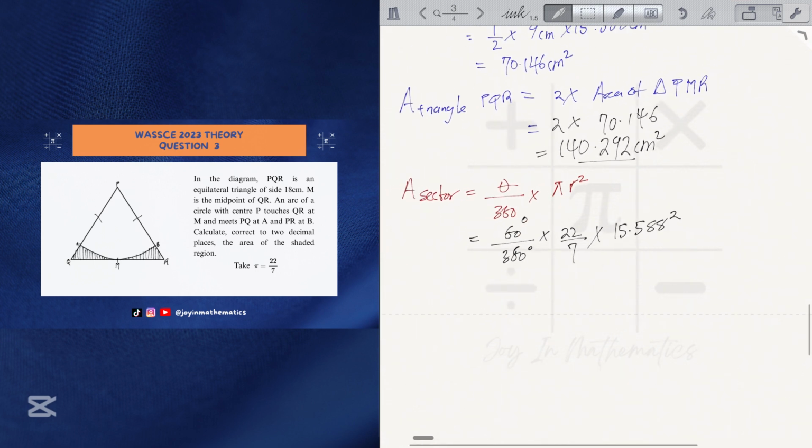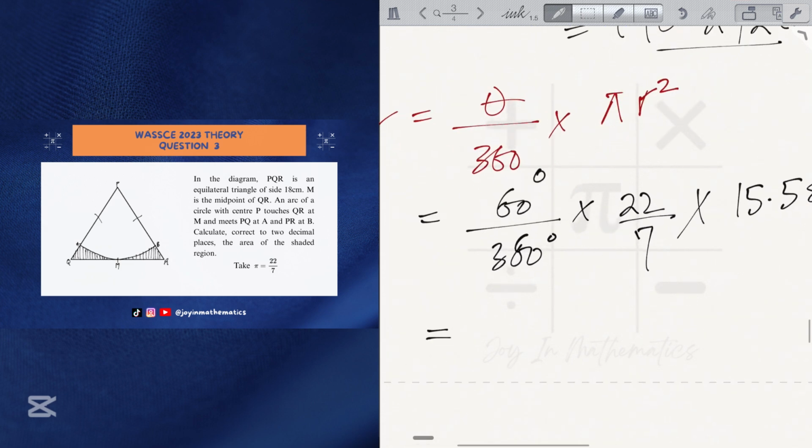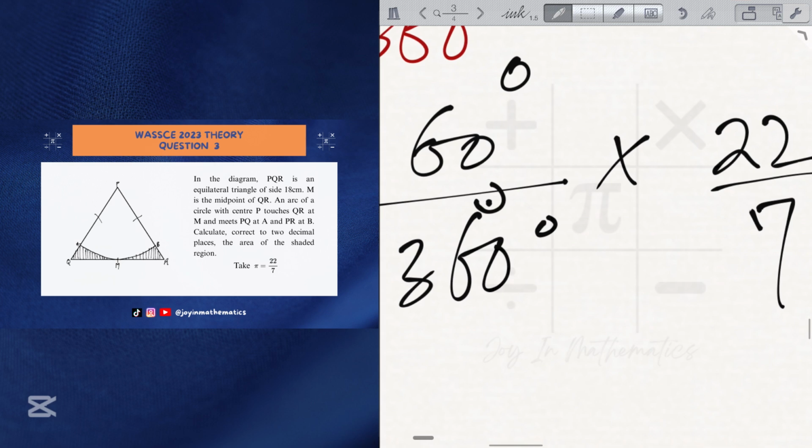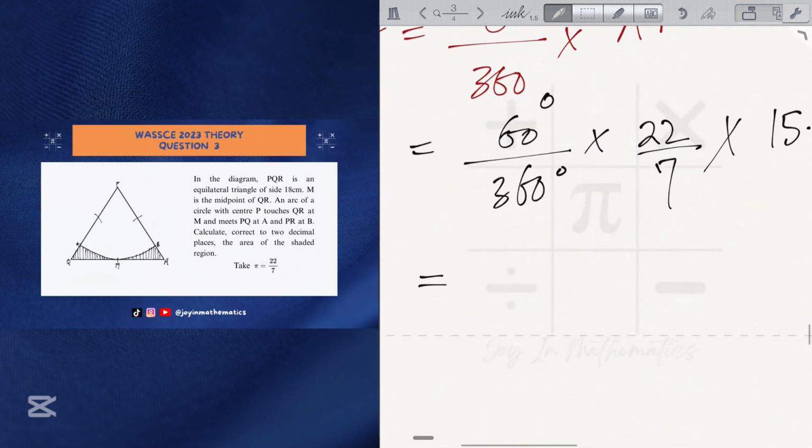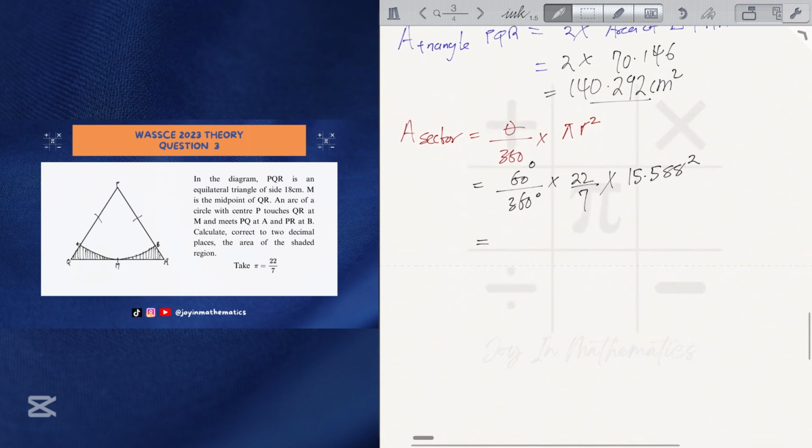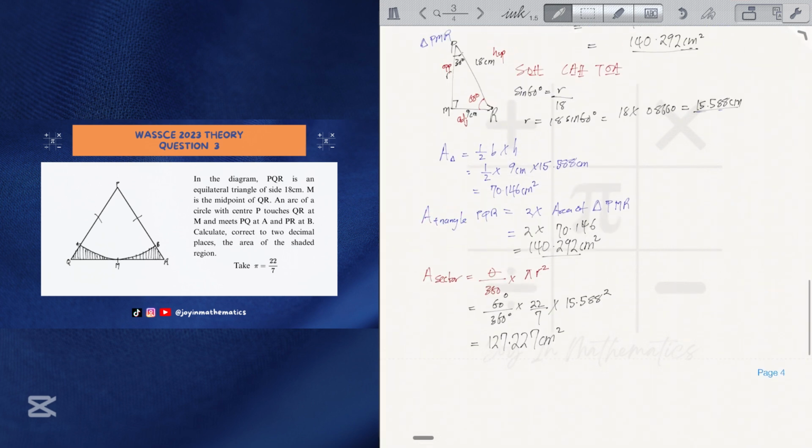Once we square this and solve it, we will have the area of the sector to give us 127.227 centimeters squared. Now we have evaluated the area of the sector.